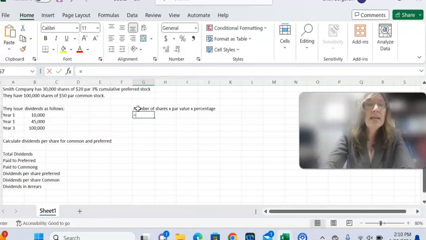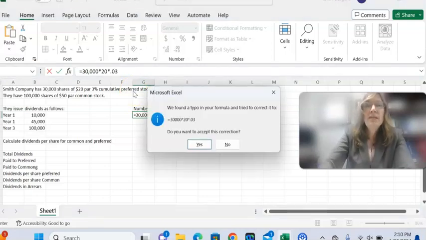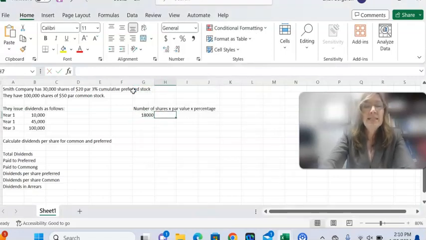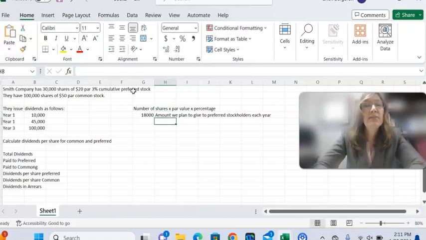So 30,000 times $20 par times 0.03 for 3%, and we can see that we want to give out $18,000 worth of dividends. That is the amount we plan to give to preferred stockholders each year, if we have enough dividends to give out.